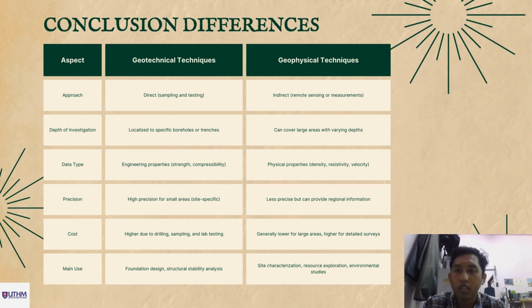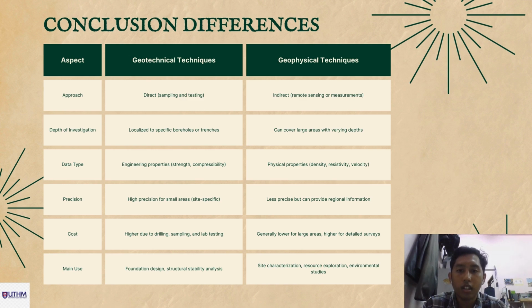For the precision aspect, geotechnical has high precision for small areas. Geophysics is less precise but provides regional information. For the cost aspect, geotechnical is higher due to drilling, sampling, and lab testing.